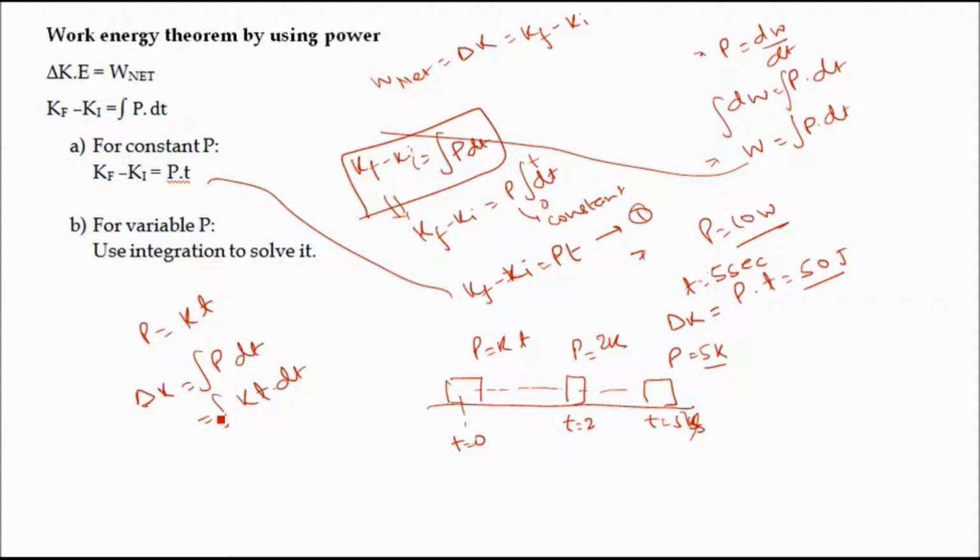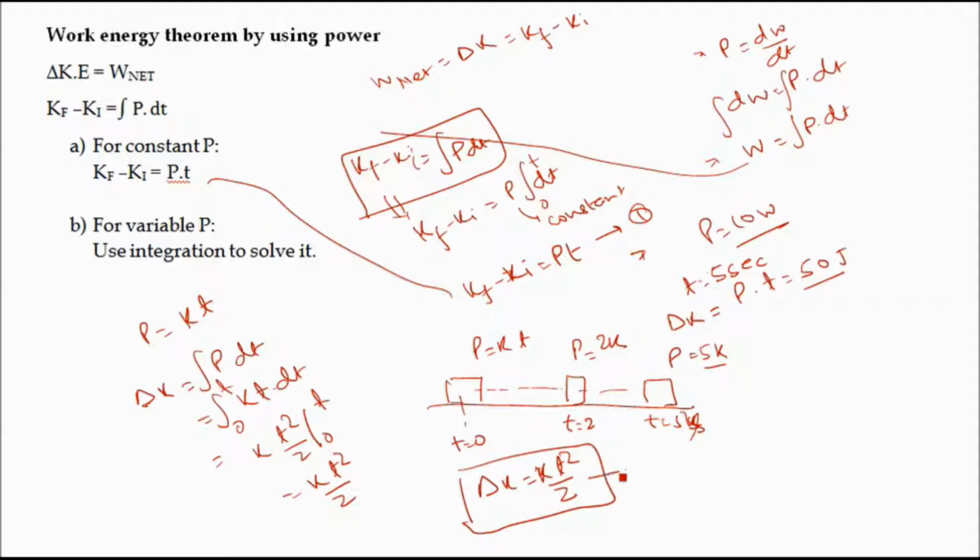You take limit 0 to t, and if you integrate it, you will get the value equal to kt square by 2. So change in kinetic energy is equal to kt square by 2, where k is an arbitrary constant.